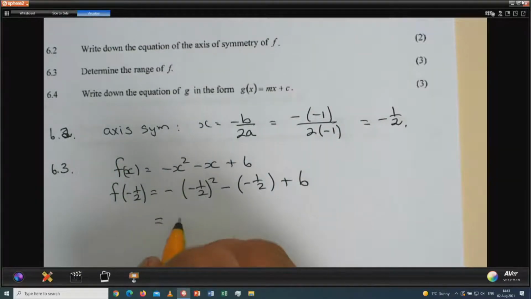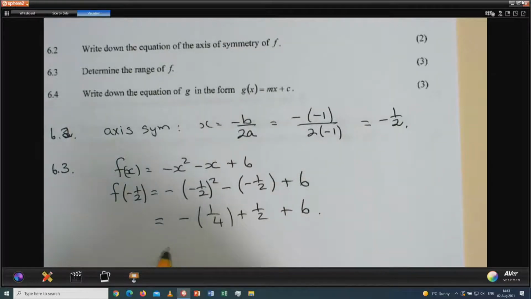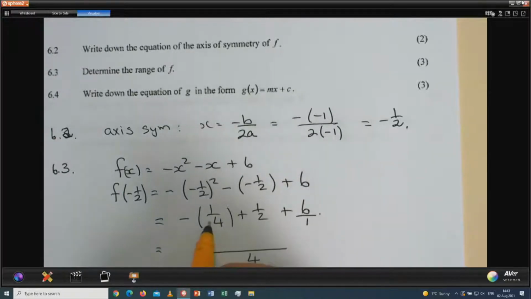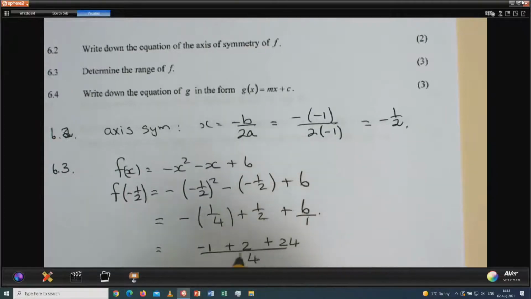So it's equal to -1/4 + 1/2 + 6. Your LCD here is 4. So 4 goes into 4 once, times -1 is -1, plus 2 times 1 is 2, and 4 times 6 is 24. That gives 25 over 4.